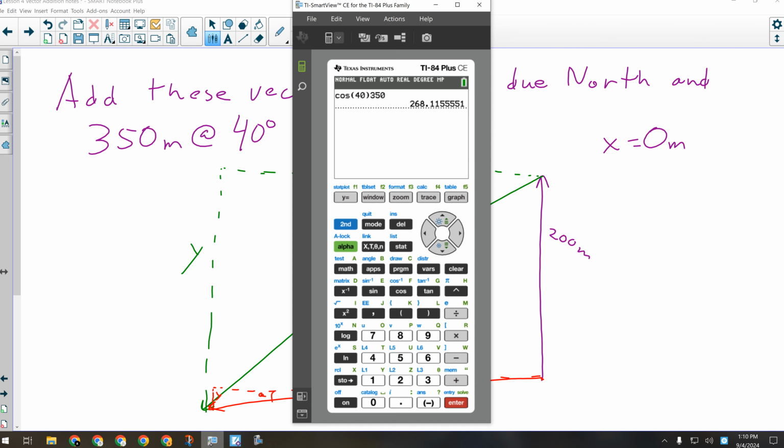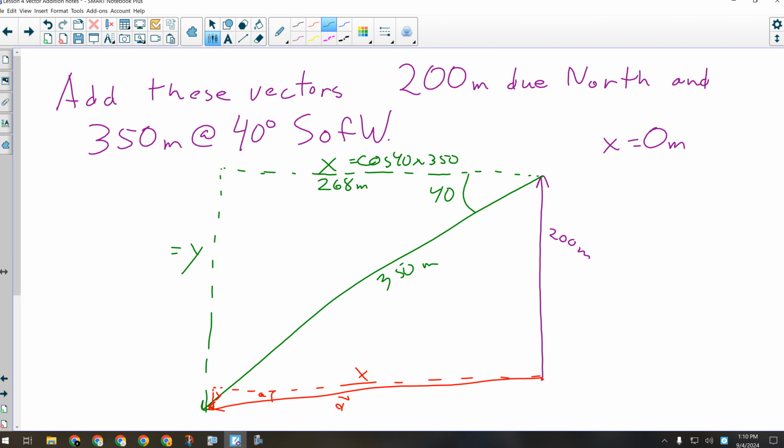And then for y, it's going to be the sine of 40 times 350. That's going to be 224. So in this second vector, we go 268 meters west, and we go 224 meters south.